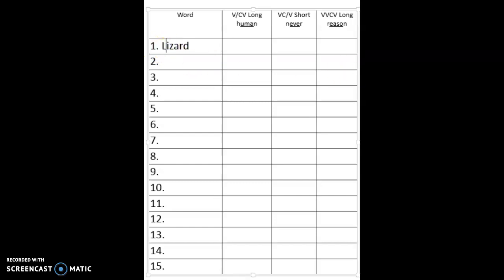And I see with the I have vowel, consonant, vowel. So it's either the first category or the second category, but I need to decide, am I hearing a long sound or a short sound? Lizard, that would be short. So I know that I would put a star in this category.